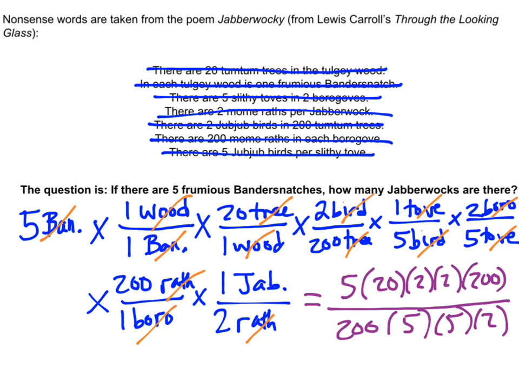Or another thing you can do is cancel the numbers just like we did the units. Right, so I see 200s that cancel, some 2s cancel, and some 5s cancel. So now I'm left with, in the numerator, 20 times 2, and in the denominator, 5. Okay, so that's 40 divided by 5, which is 8. Okay, so after all of that, there are 8 Jabberwocks.